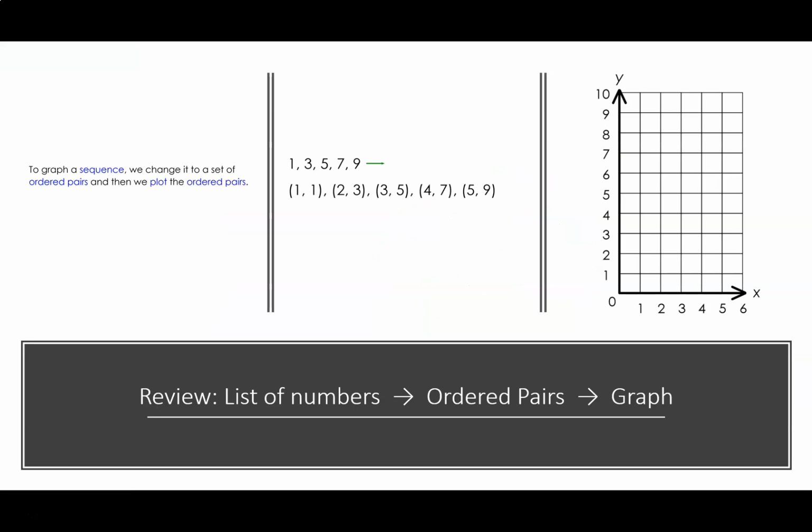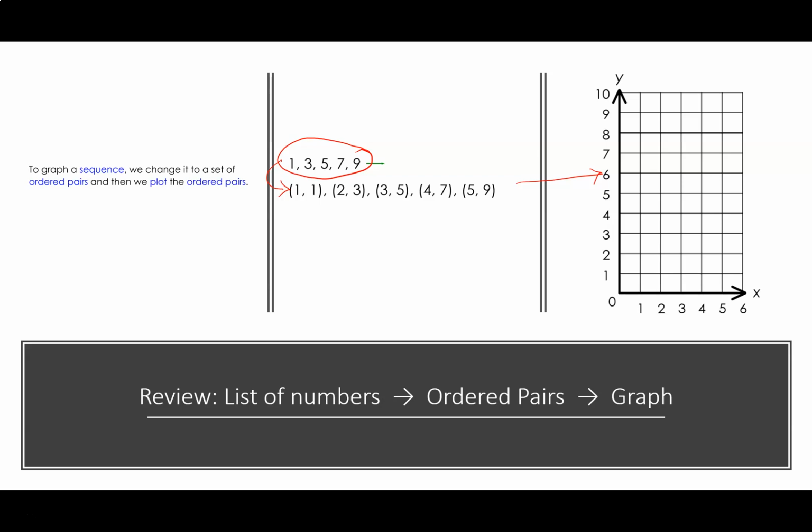Last lesson, we learned how to change a list of numbers to a set of ordered pairs and then plot those ordered pairs on a graph. Let's quickly review this. In our list of numbers, we have 1, 3, 5, 7, and 9. Those are our terms.